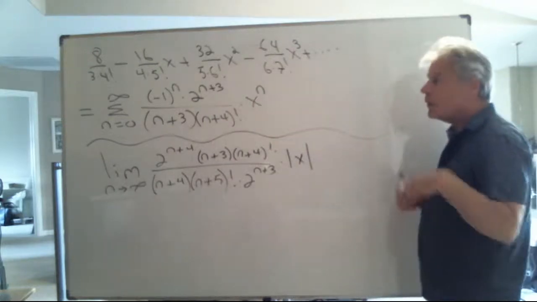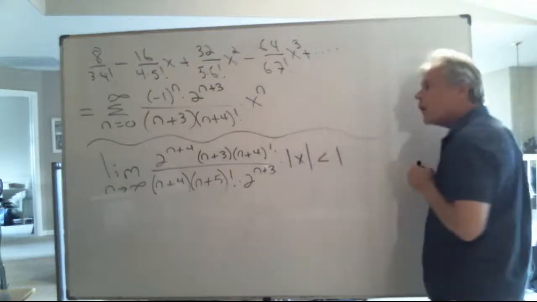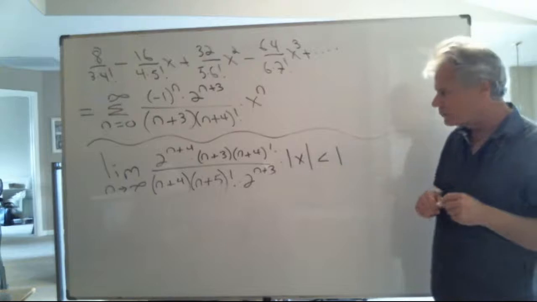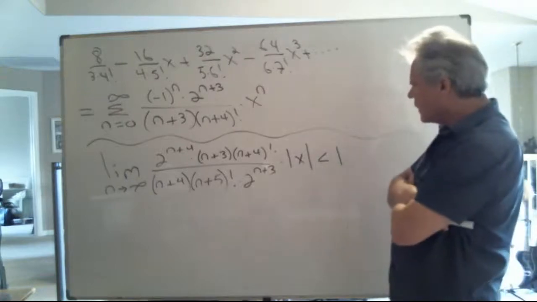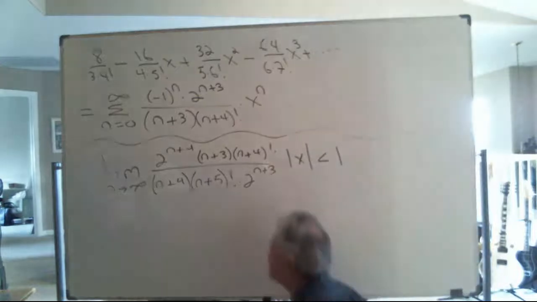The ratio test says we have convergence if this limit is strictly less than 1. So let's solve this inequality for x. Let's see, I guess I can't use my eraser conveniently. I'm just going to have to write this out.